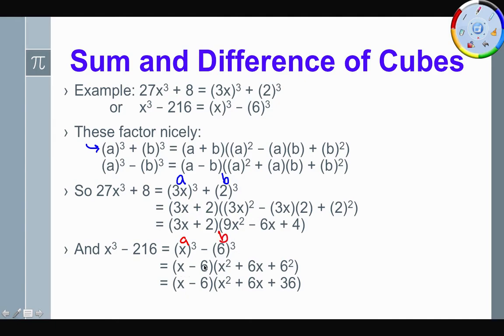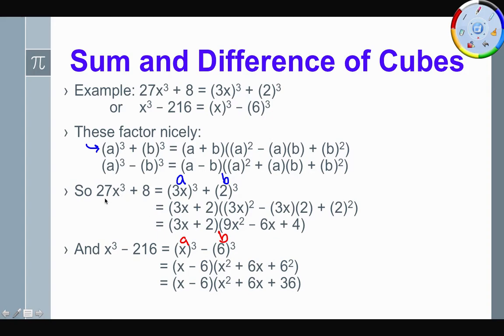So then we get a minus b, so that's x minus 6, times a squared, so x squared, plus a times b, that's x times 6 is 6x, and plus 6 squared, or b squared, and we simplify that down to the bottom line here.